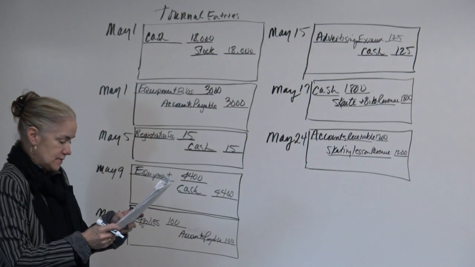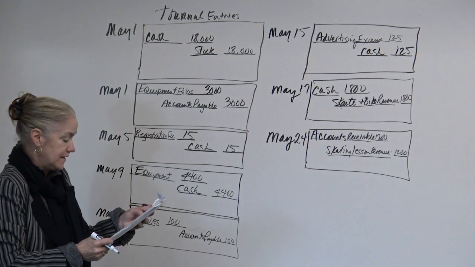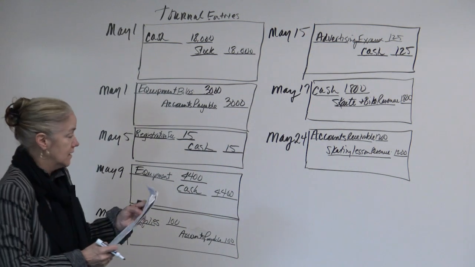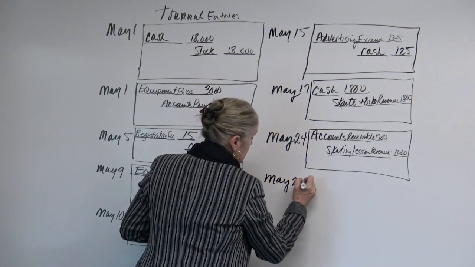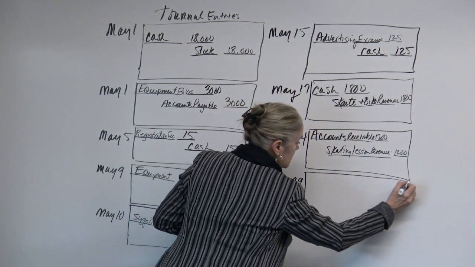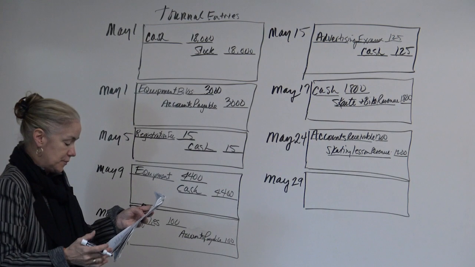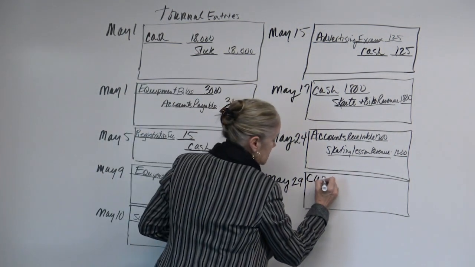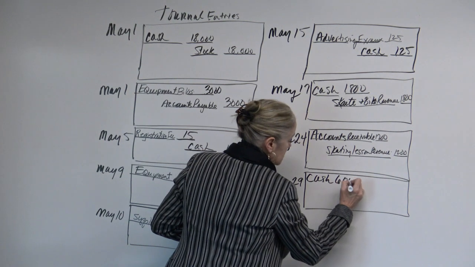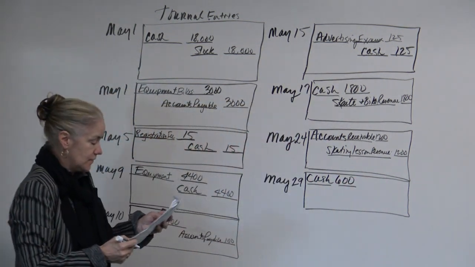Okay, what else? Let's see, May 29th, we received 50% of the amount billed to the park district. So May 29th, we have received 50%. So we have received $600 in cash. Okay, and we're going to decrease accounts receivable for $600.